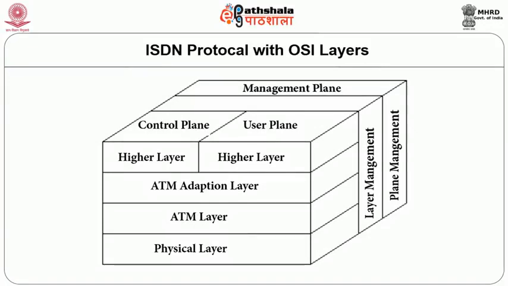In the earlier slide you saw physical, data link, network, transport; instead of this, here it is physical, then ATM layer, then ATM adaptation layer, then other higher layers and the control plane. This is the layer concept. On the other side, there is the management plane and other synchronization mechanisms.